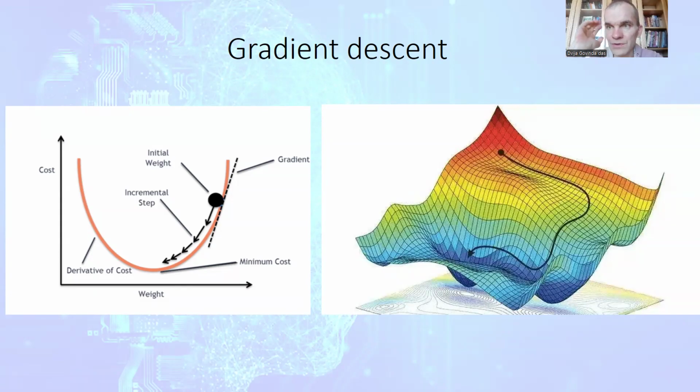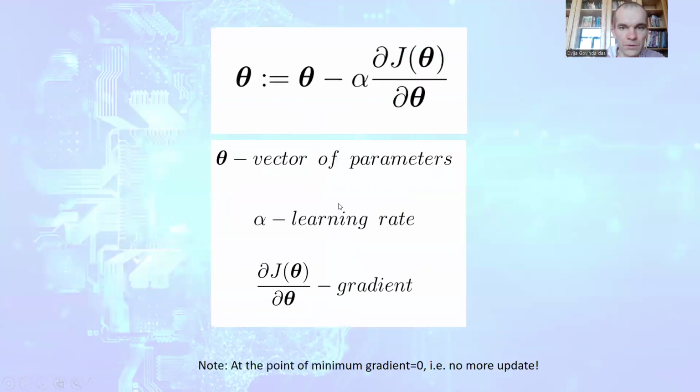The gradient shows the direction of the quickest ascent, or quickest increase, of the cost function, and the anti-gradient, the gradient with a minus sign, shows the direction of the quickest decrease of the cost function. So we can, by analogy, write this equation.